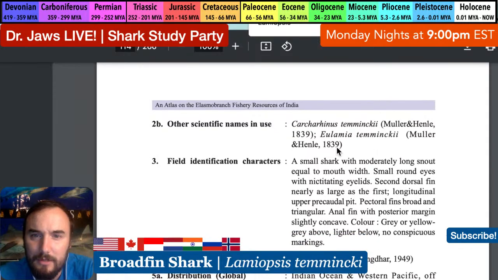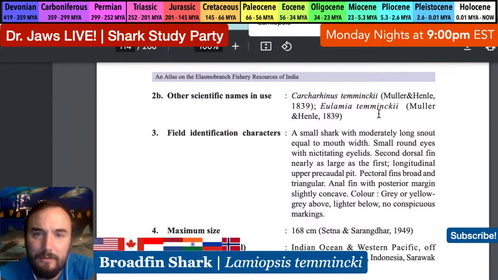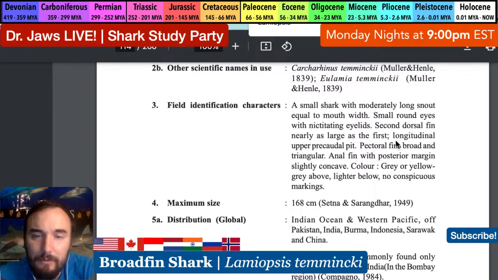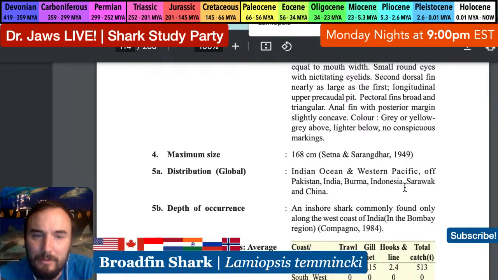This is an interesting section. Carcharodon temminckii and Eulamia temminckii. So Carcharodon and Eulamia, very interesting names that are considered synonyms. It's very odd, but we've already talked about distinctive identification features, so don't need to spend more time on that.